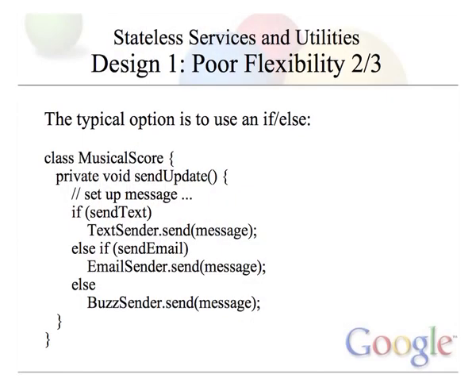We're switching on the preference of the musical author, whether they want a text message sent to them, whether they want email sent to them. And for each of these different possibilities, we're hard coding a connection to a different static service.